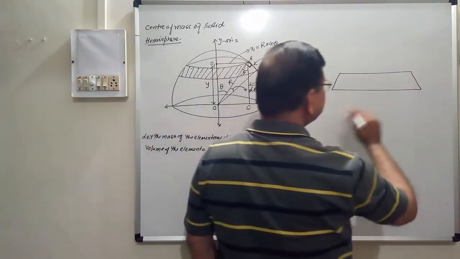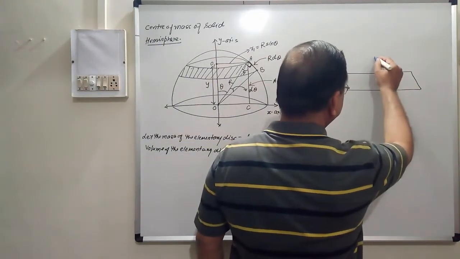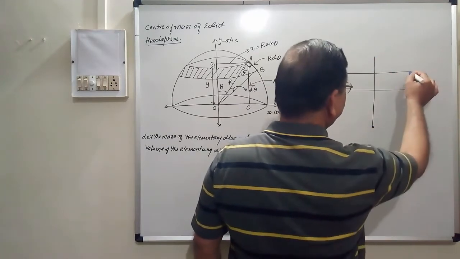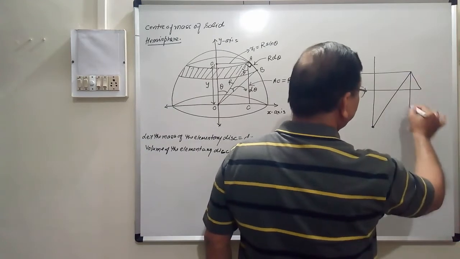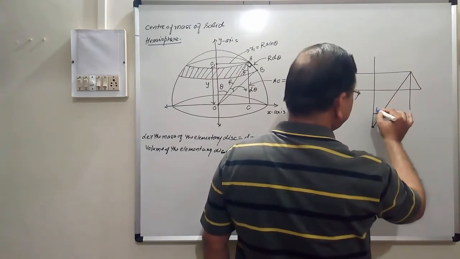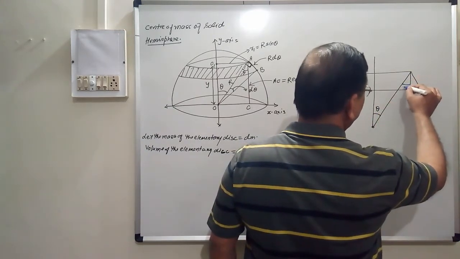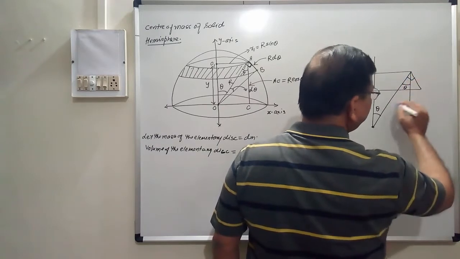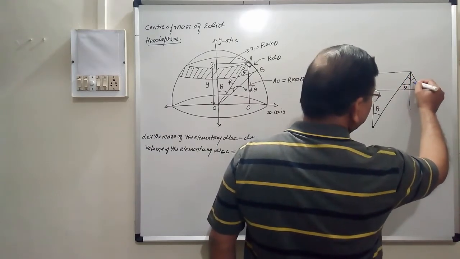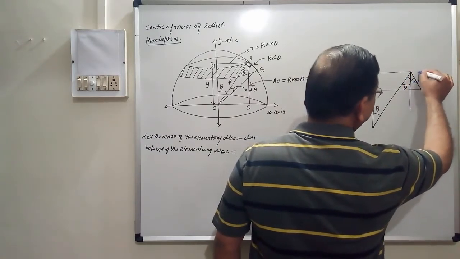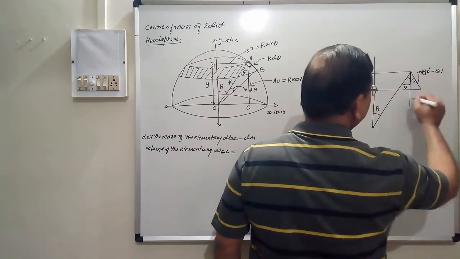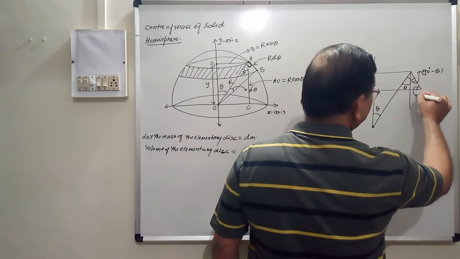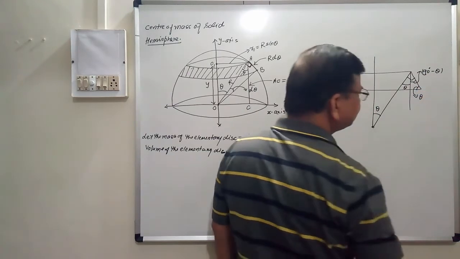So it is like this. The center is over here. This is joined, and this is the vertical distance. This is theta, this is also theta. This is 90 degree, so this angle will be 90 degree minus theta, and therefore this angle will be theta.